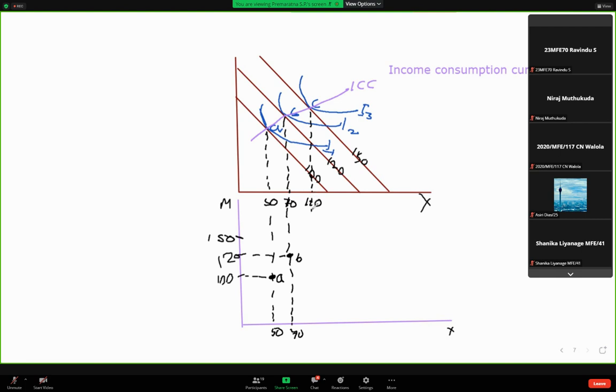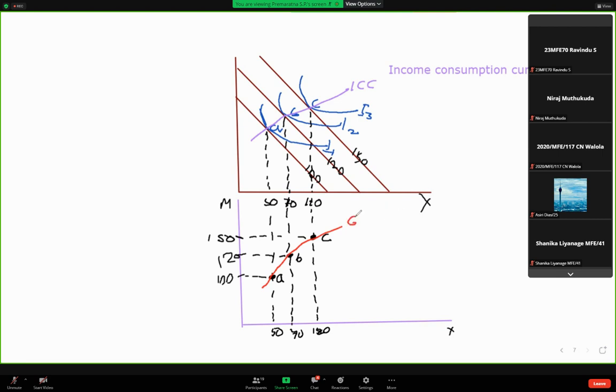Likewise, with the $150 budget, he buys 120 units, so that's point C here. Connect this ABC line, and we derive another demand curve.